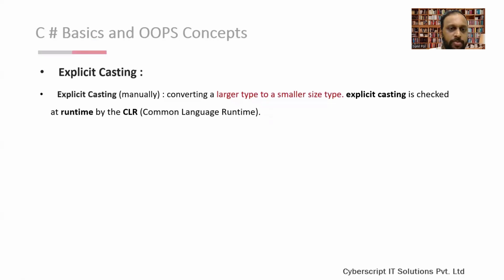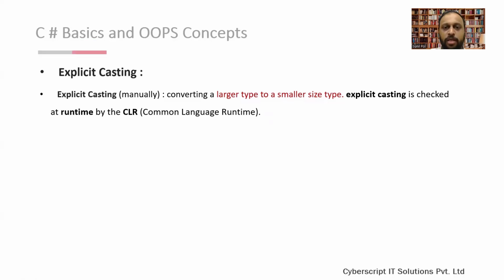So the next one is explicit casting. Explicit casting is a manual process, converting a larger type to a smaller type size. Explicit casting is checked at runtime by the CLR, that is nothing but the common language runtime. As we discussed, implicit casting is done automatically by the compiler, and explicit casting is a manual process.